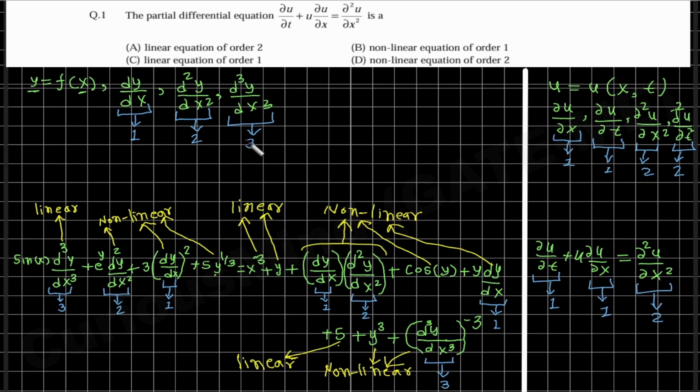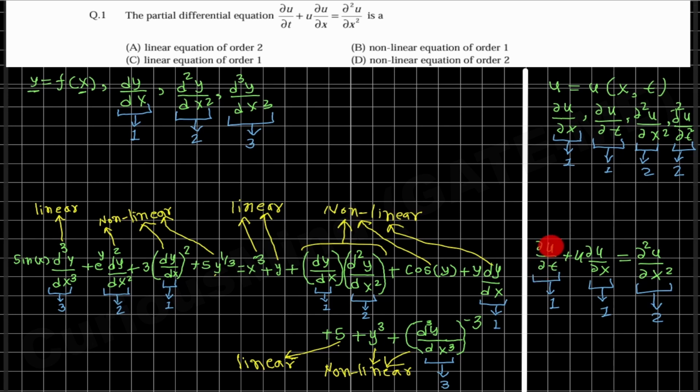So we will begin from the first term, which is the first partial derivative of u with respect to t, and there is no combination with u and any functional form of u and any of its partial derivatives with respect to x and t in this term.